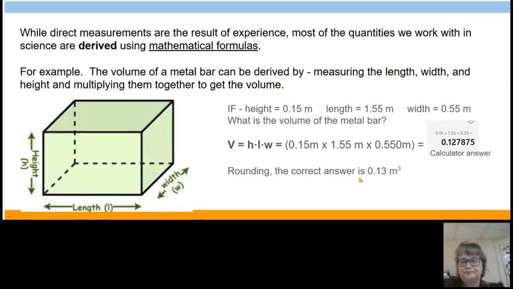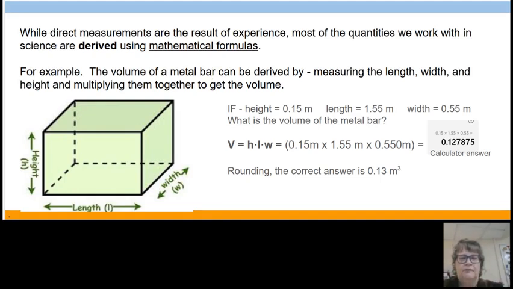Now, we can directly measure most things that we need to use, but a lot of times in science, we need to work with what's called derived measurements, which are measurements that are mathematically formulated, right? So, for example, the volume of a metal bar.